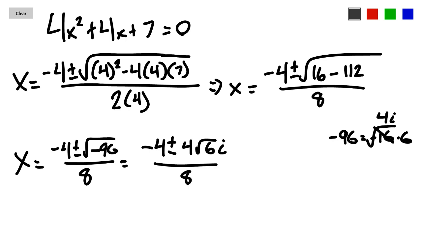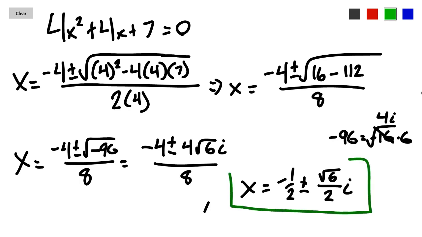And so finally, if I split up the fraction and reduce, I have x is equal to negative 4 over 8, which is just negative 1/2, plus or minus 4 times the square root of 6 times i over 8, and 4 over 8 reduces to 1/2, so I have the square root of 6 over 2 times i, and these are the roots.